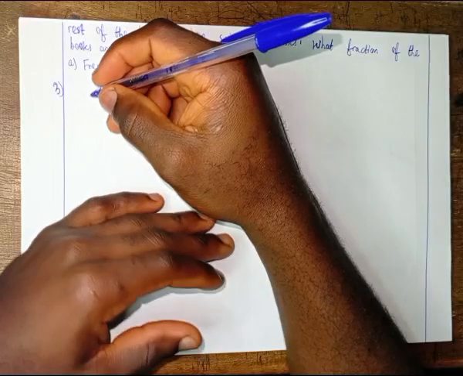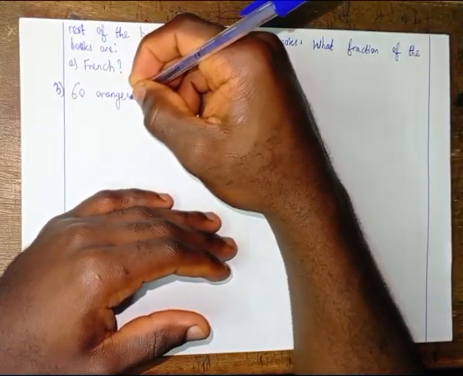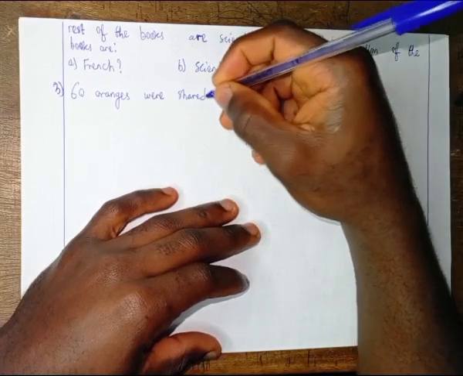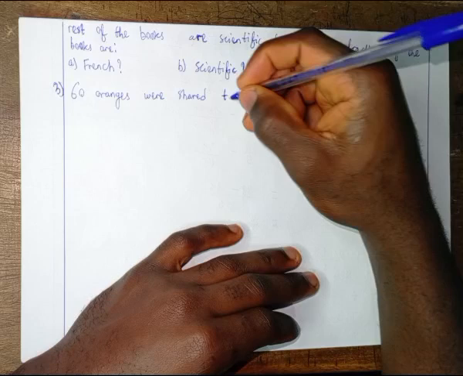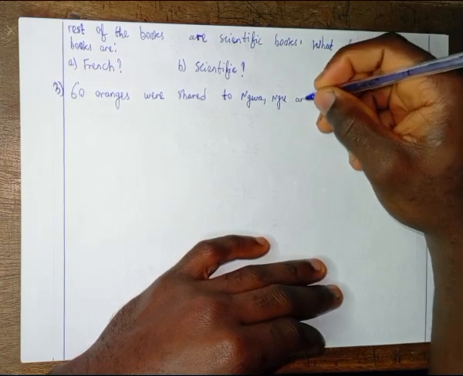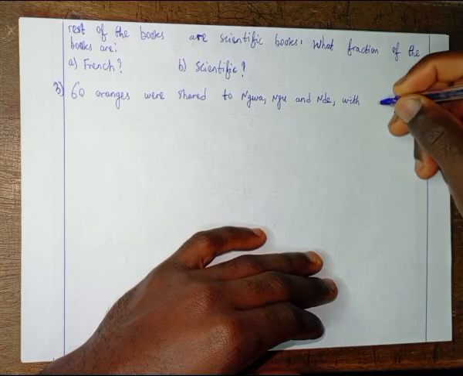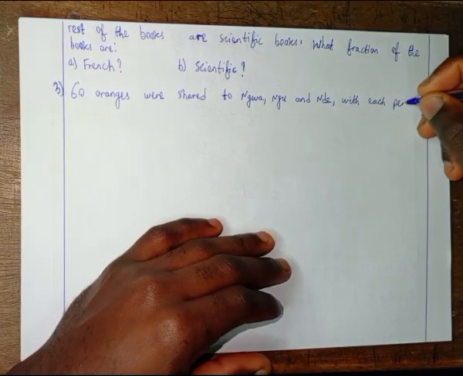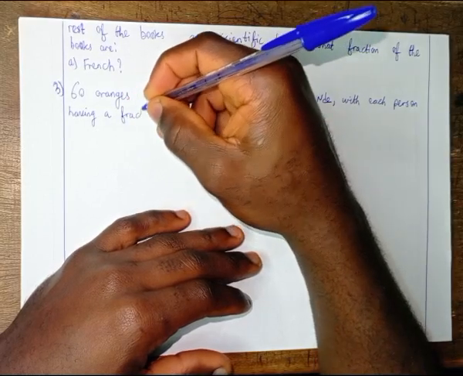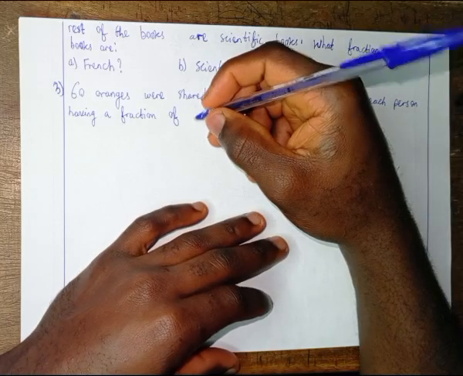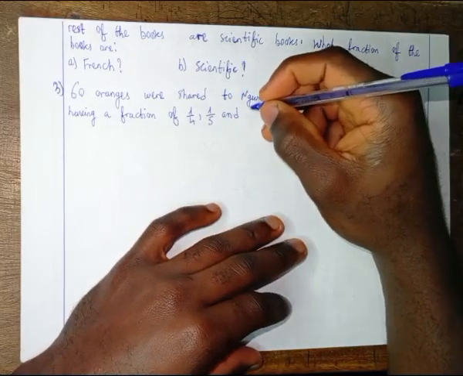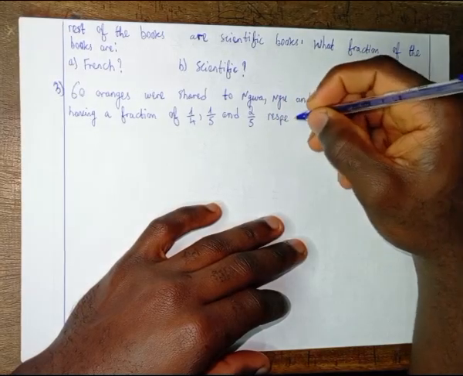It goes: 60 oranges were shared to Ngwa, Ngu, and Nde, with each person having a fraction of 1/4, 1/5, and 2/5 respectively.